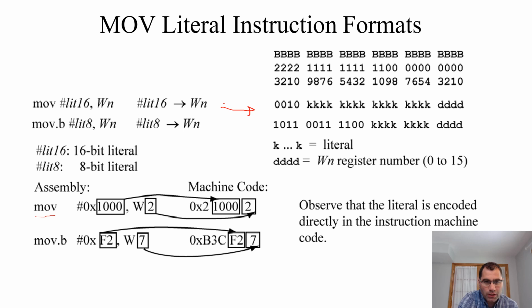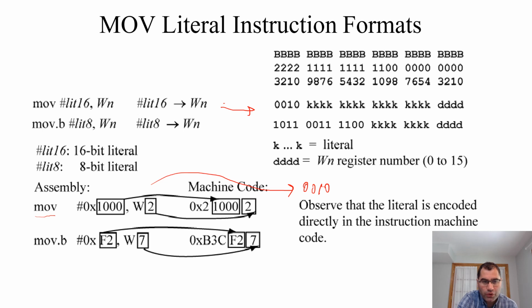We have 0, 0, 1, 0, and then K is the literal. How many digits? 1, 2, 3, 4. So it's a 16-bit literal.